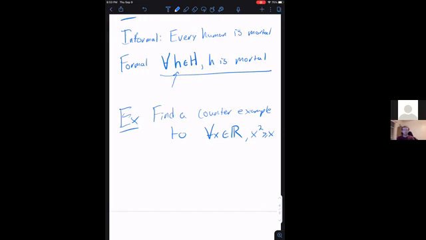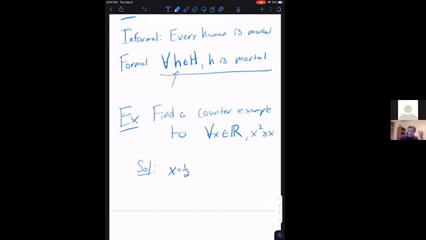So we can choose any number that you want that will work. Specifically, the numbers that will work are some number between 0 and 1. Any number between 0 and 1 will work. So I'll just choose 1/2. So X equals 1/2 is a counterexample.